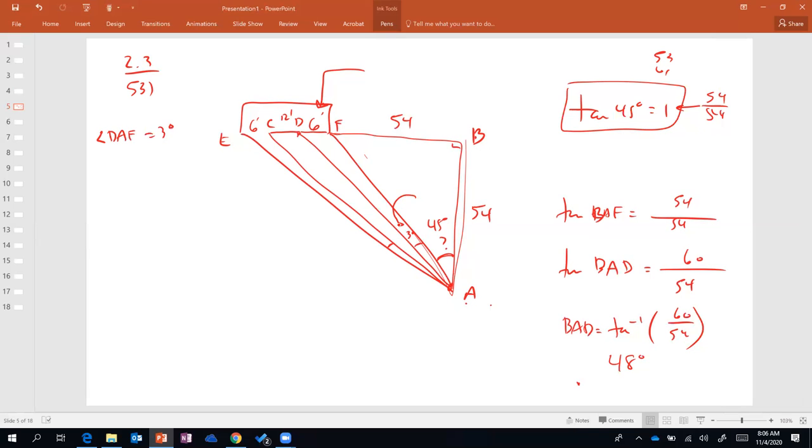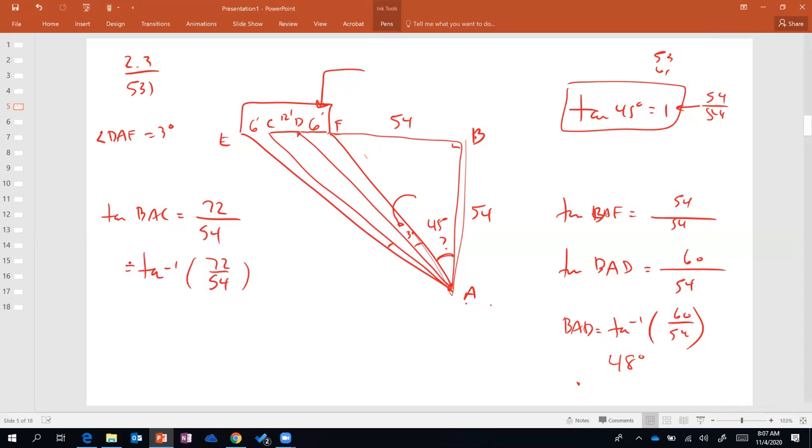Added the 12 then? Yeah, so then BAC ends up being 53.1. Let me just write it in here. So it's going to be 54 plus the 6 plus the 12 now. So I got 72 over 54, getting a tangent inverse of 72 over 54.